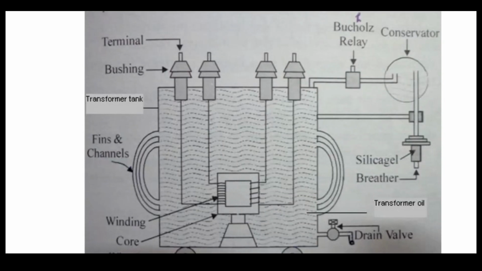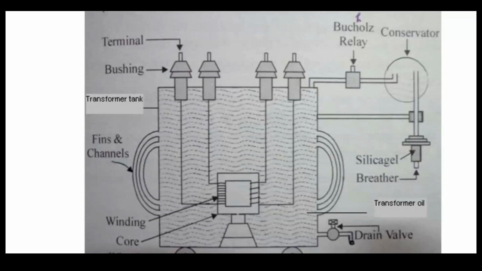Different colored gases are produced on the combustion of different materials. If there is a line to line fault or line to ground fault, windings are short circuited in between, then the copper is burning. When the copper is burning, the gas produced can be cuprous oxide or cupric oxide.